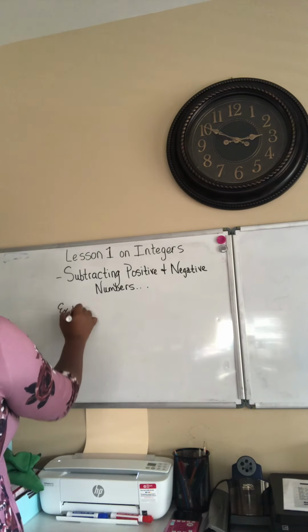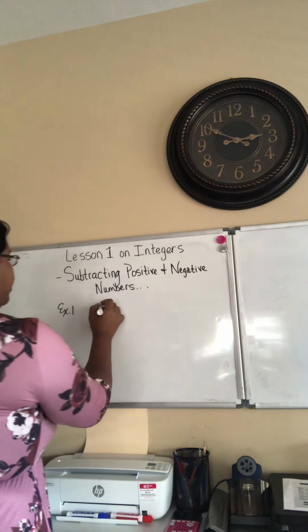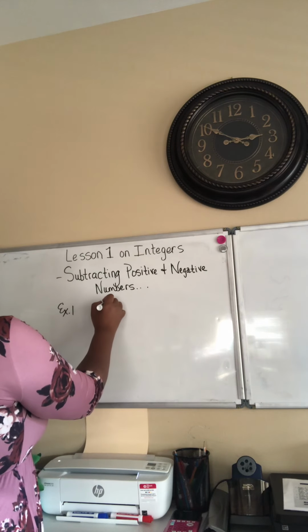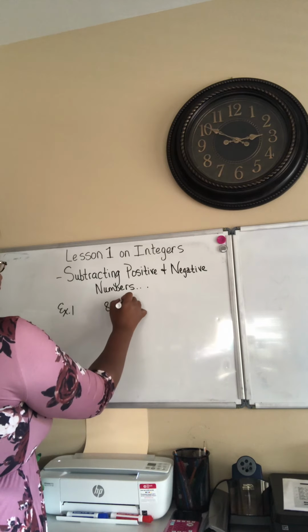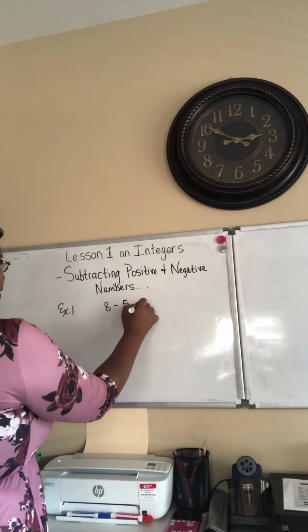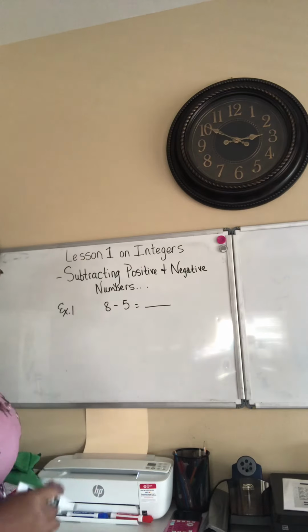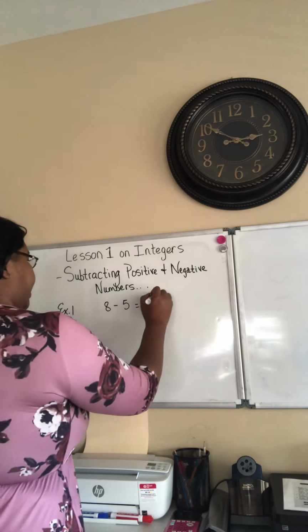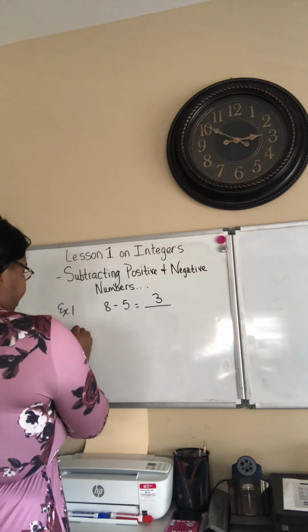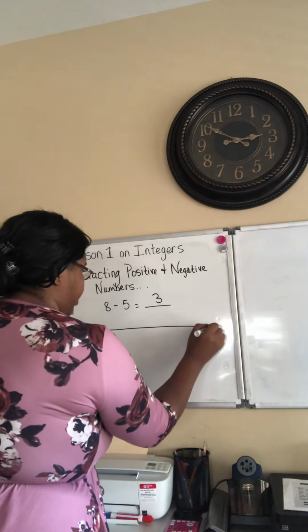So let's say we have a traditional subtraction problem. So we're going to say 8 minus 5. And most of you, if you've been in grade school, know that answer is a positive 3. But let's look at it on the number line so we can see what's happening.